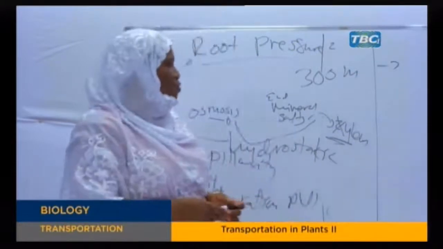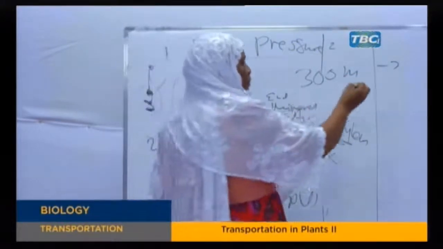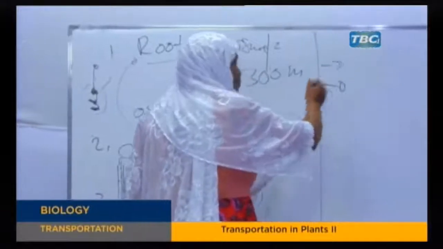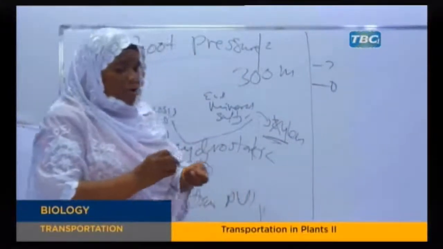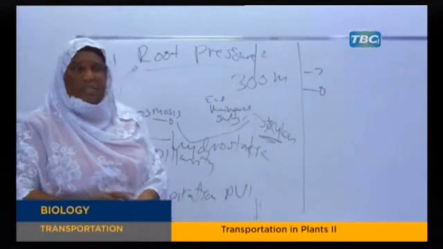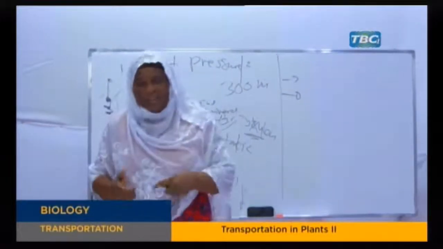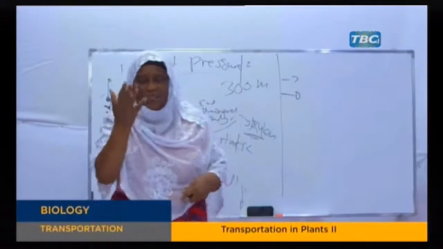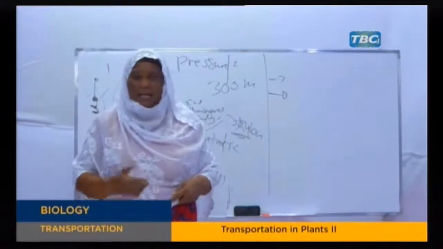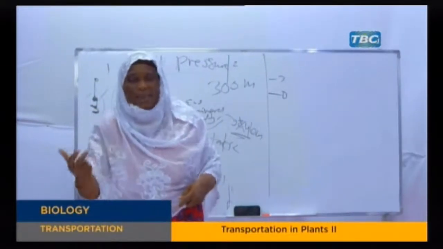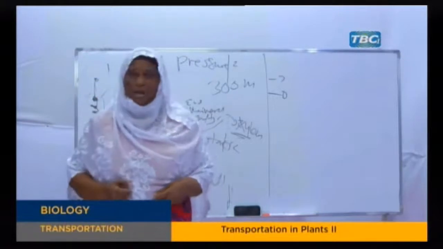Objective number 2: you are required to be able to describe the paths of movement of water across the roots. The paths which I'm talking about are apoplast, symplast, and vacuolar.